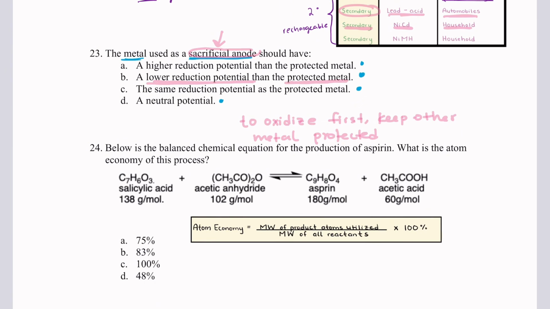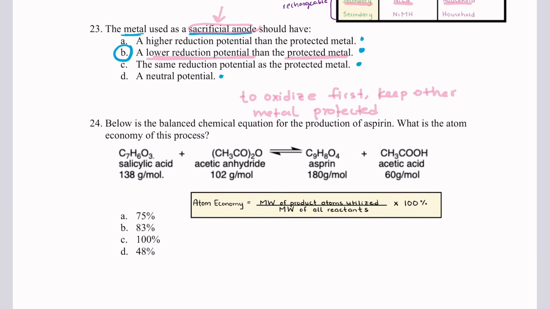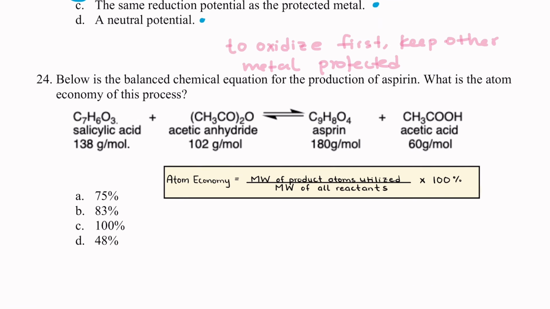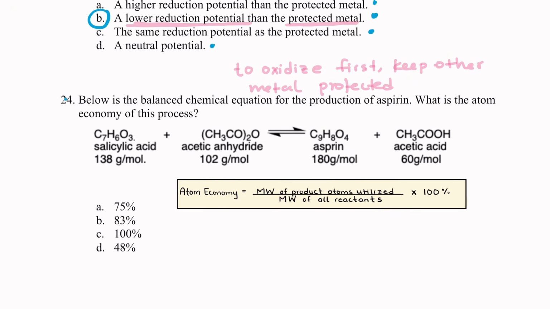And that placement guarantees the sacrificial metal gives up electrons first and corrodes instead of the protected metal. So the correct choice is a lower reduction potential than the protected metal. So answer choice B.